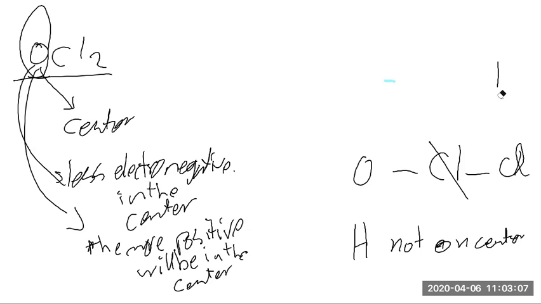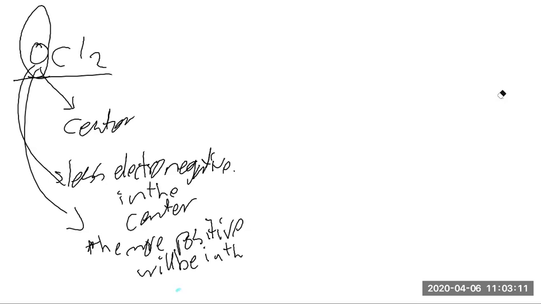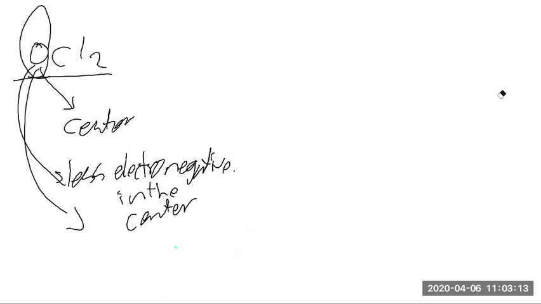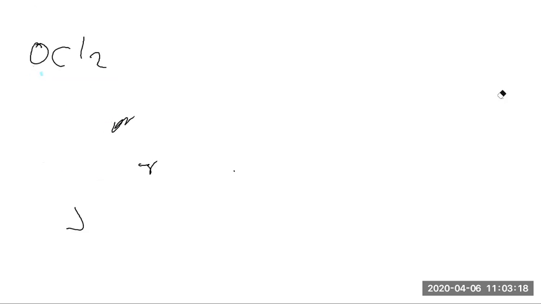Let's start working with the Lewis structure of some molecule. Let's say OCl2. How is it going to be? First of all, count the total valence electrons.